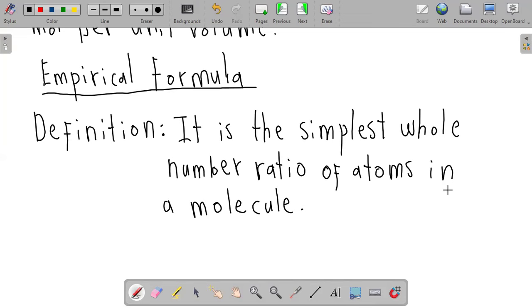So this is the definition here. It's the simplest whole number ratio of atoms in a molecule.